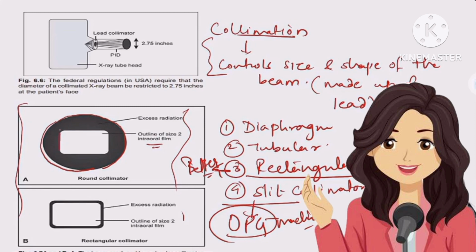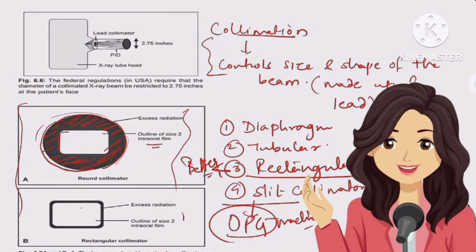If we use this collimator, look at the excess area that is getting exposed to radiation. This is the size of the film. This is a round collimator. Let's say we'll expose this much area. So look at the excessive area which is getting exposed.